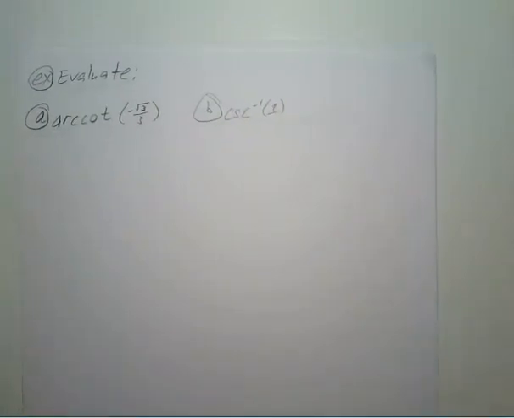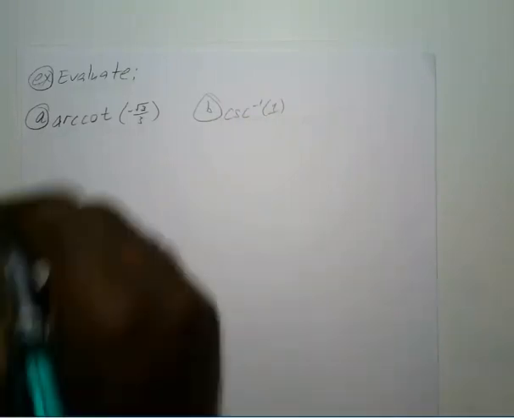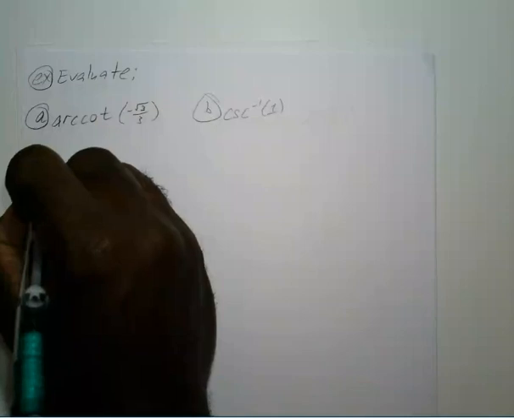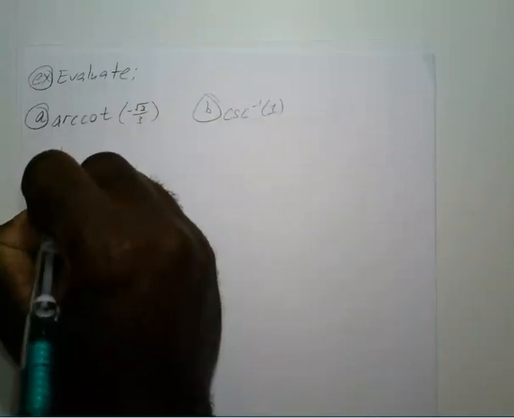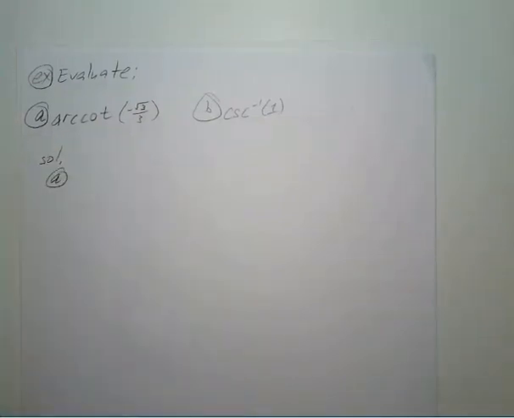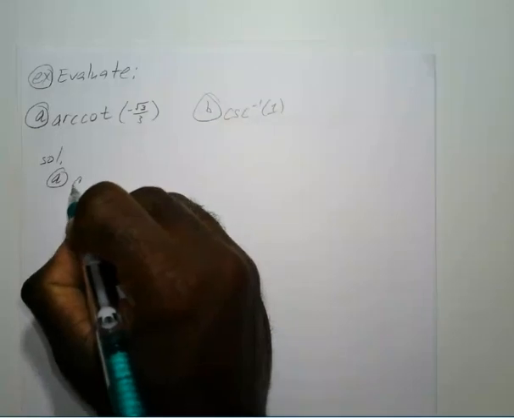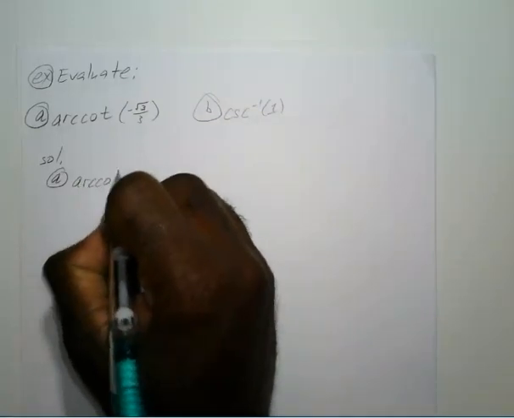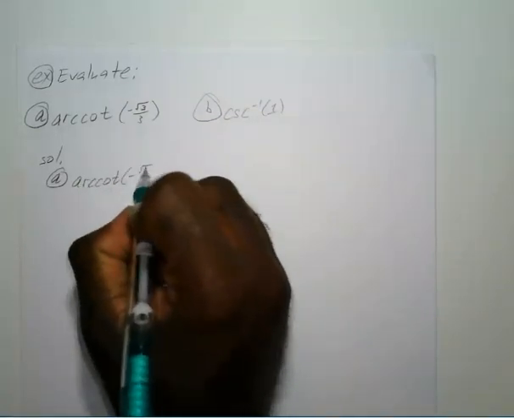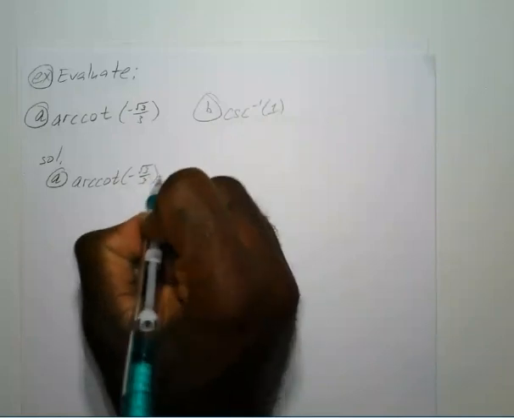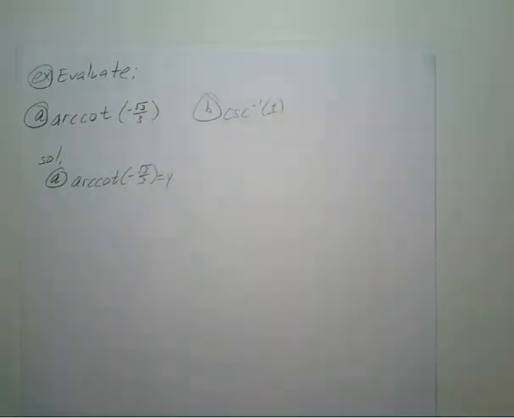Let's evaluate arc cotangent of negative square root of 3 over 3 and cosecant inverse of 1. We're just going to rewrite that as arc cotangent of negative square root of 3 over 3 equals some variable y.